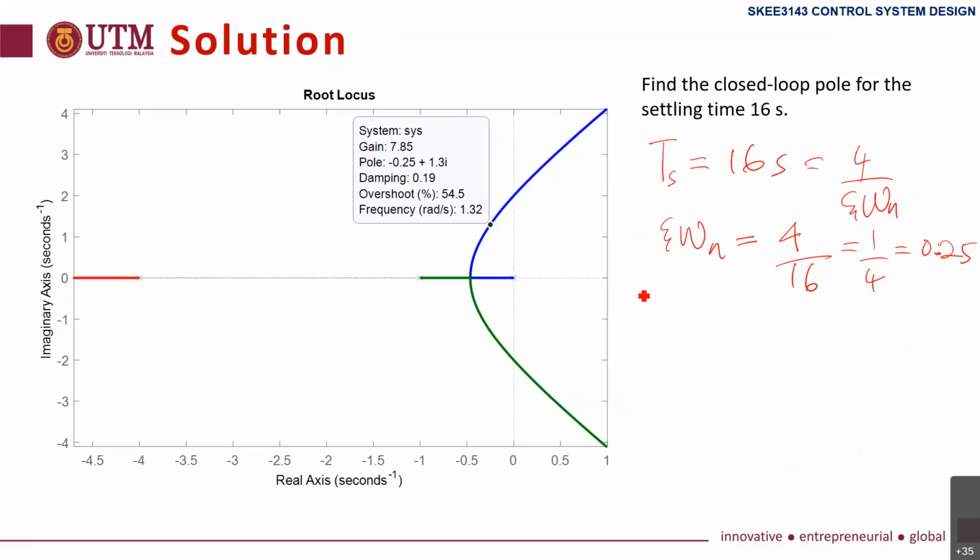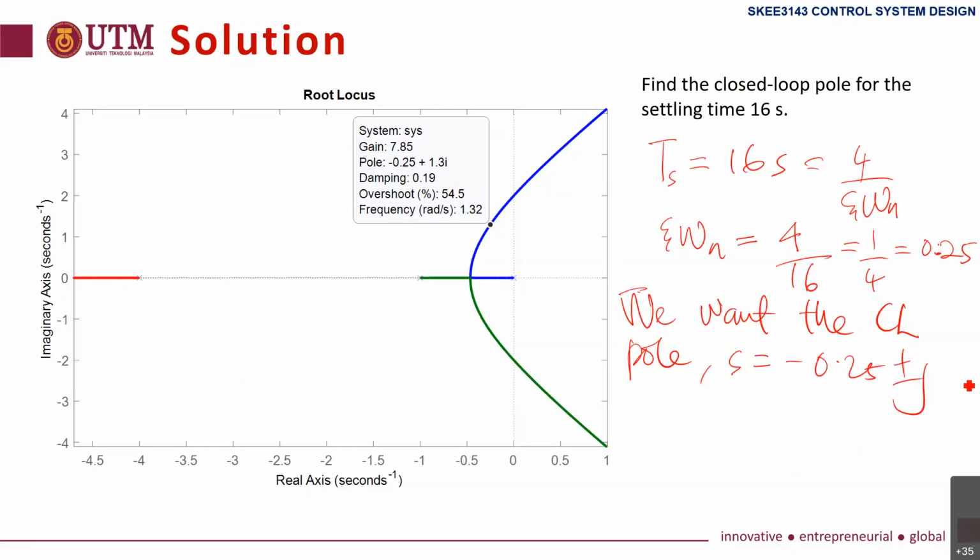That means we want the closed loop pole S equal to minus 0.25 plus or minus j. We need to decide the plus or minus j value.